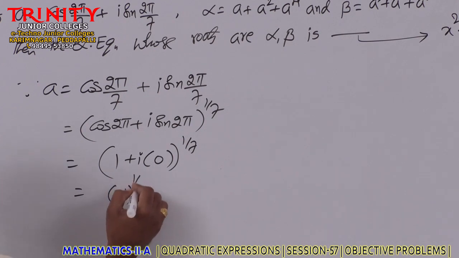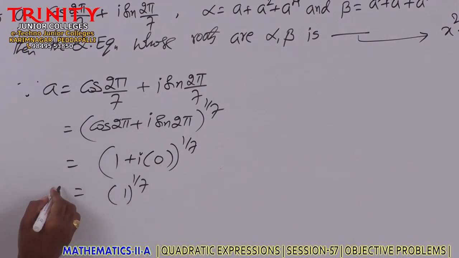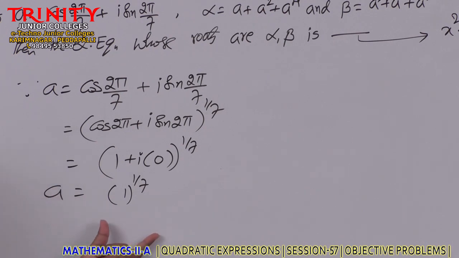This is 1 power 1 by 7. This is called the seventh roots of unity. We have discussed this in De Moivre's theorem, nth roots of a complex number. Therefore, 1 power 1 by 7 is called the seventh roots of unity.